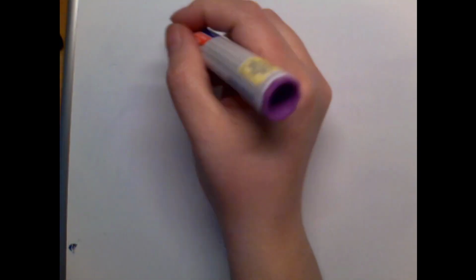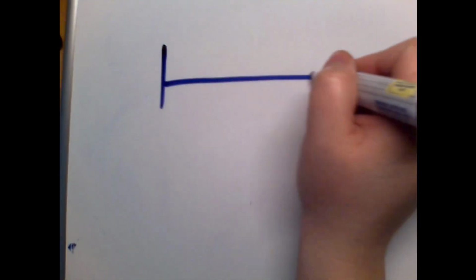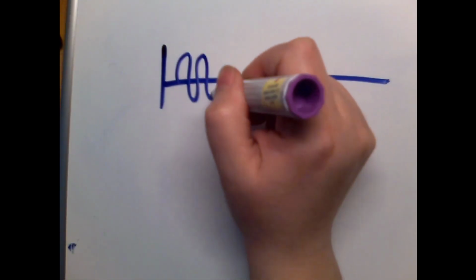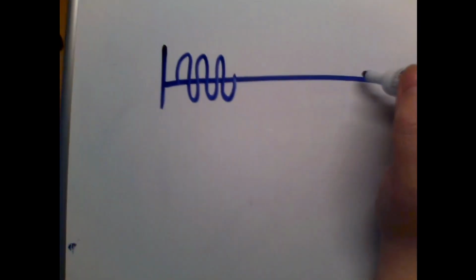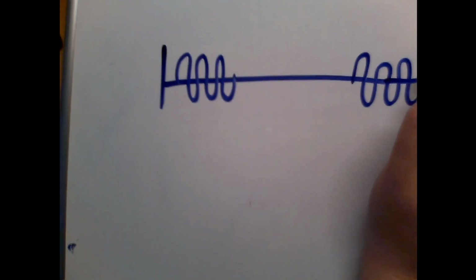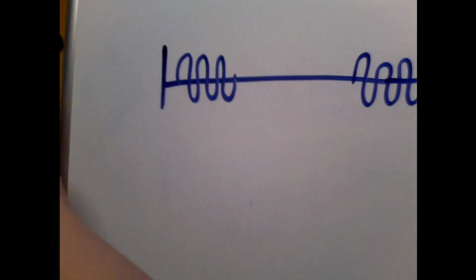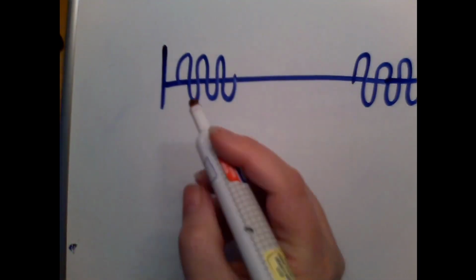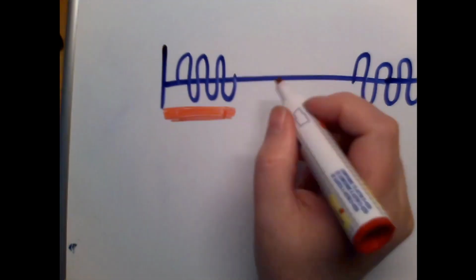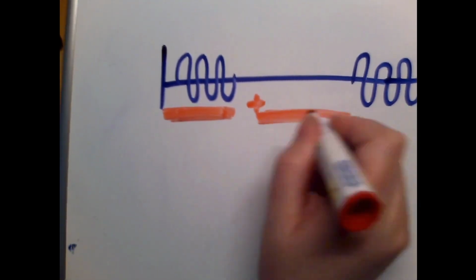So remember that PRP is both the pulse duration. So there's our pulse duration. Here's the beginning of our next pulse. So it's both the on time plus all of the off time.